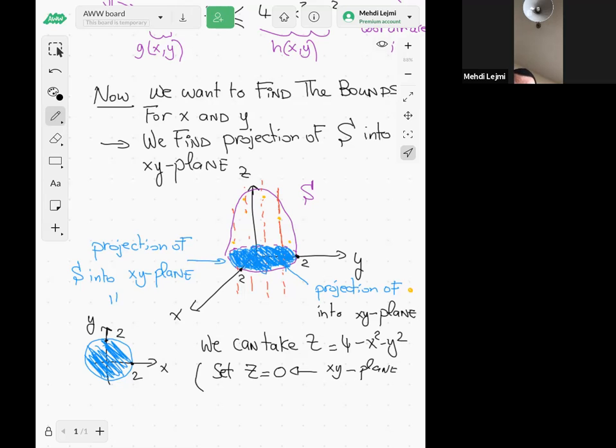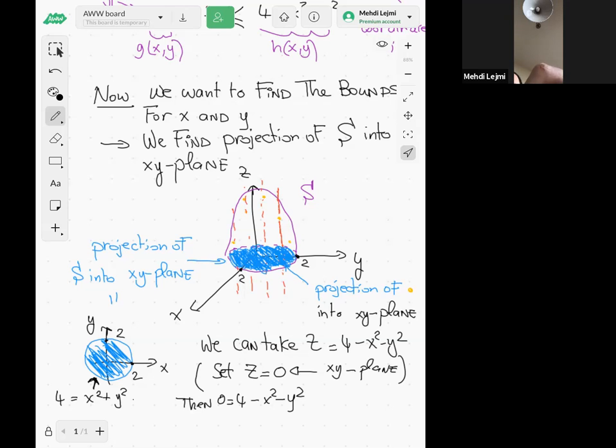So if z is 0, then you're going to have, of course, 0 equals 4 minus x squared minus y squared. And that's exactly your projection here. So you're going to get this circle of radius 2. So this is 4 equals x squared plus y squared. Right? So, okay, now I have my projection.